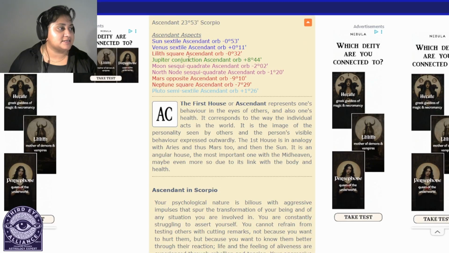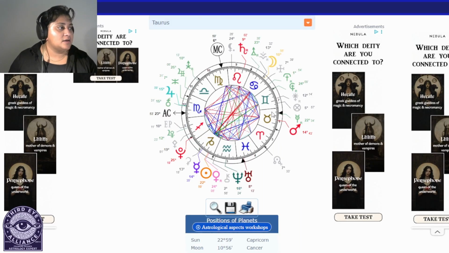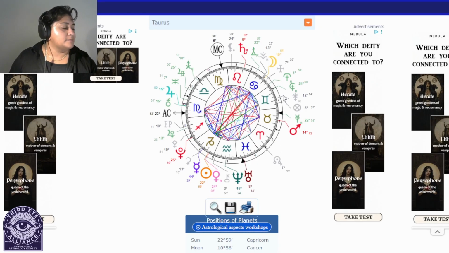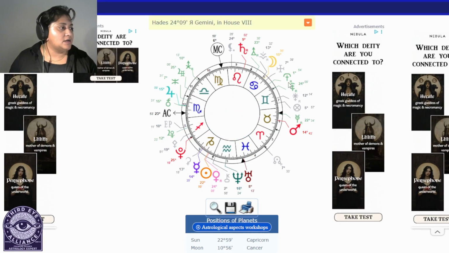Aspects being made to the Ascendant, very important. Mars opposite the Ascendant, always angry with other people, right? Hey, Mars in Taurus, that's so interesting. Moon strong in Cancer, yeah. Anyway, you see the change, you see the difference, right?